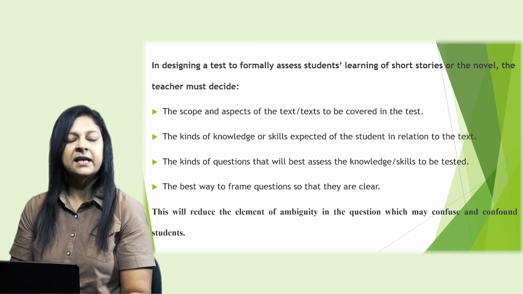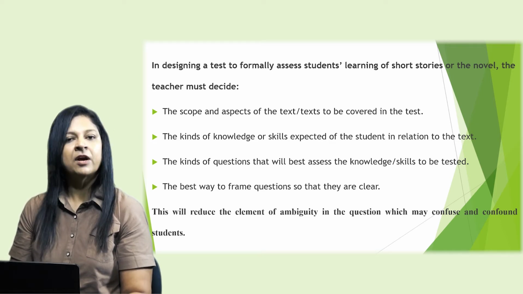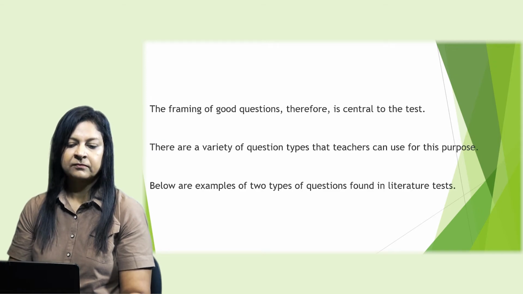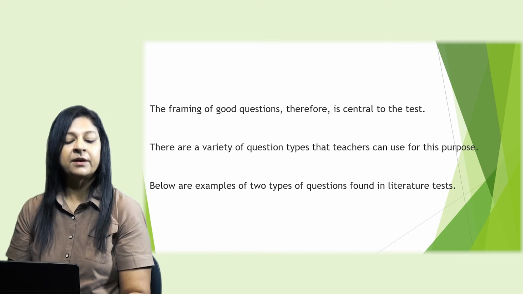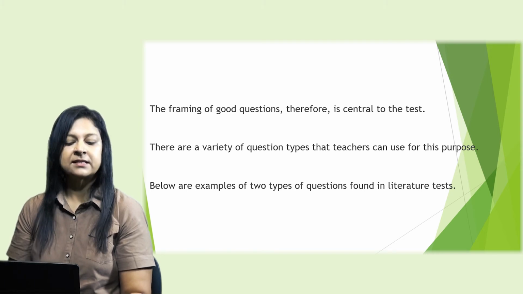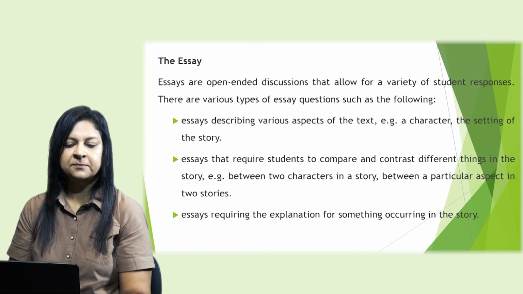This will reduce the element of ambiguity in questions, which may confuse and confound students. The framing of good questions, therefore, is central to the test. There are a variety of question types that teachers can use for this purpose. Below are examples of 2 types of questions found in literature tests.